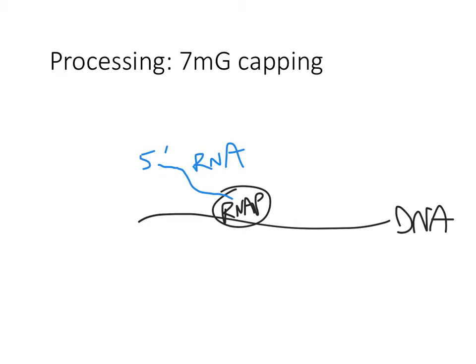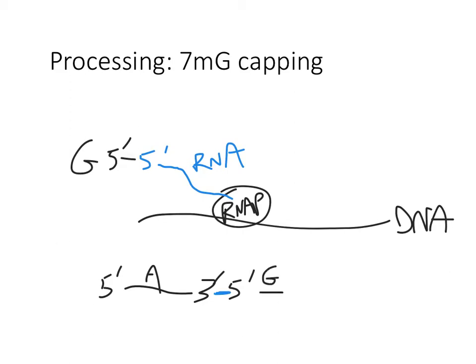So that involves, in this case, the addition of this weird linkage where two nucleotides are joined at their 5' carbons. So normally, during synthesis, you have the 5' end of one nucleotide. Let's say it's an A. I know that's not what an A looks like. It's got a 3' end. It'll be joined to the 5' end of the next nucleotide.